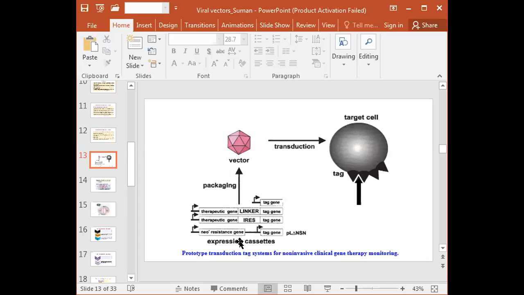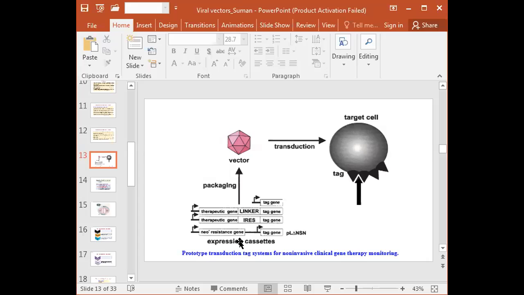These expression cassettes are packaged into a virus, and then the virus can act as a vector. The viral vector can transduce and target. The tag genes can target the cell very specifically, and you can see that it can express after entering into the host cell.